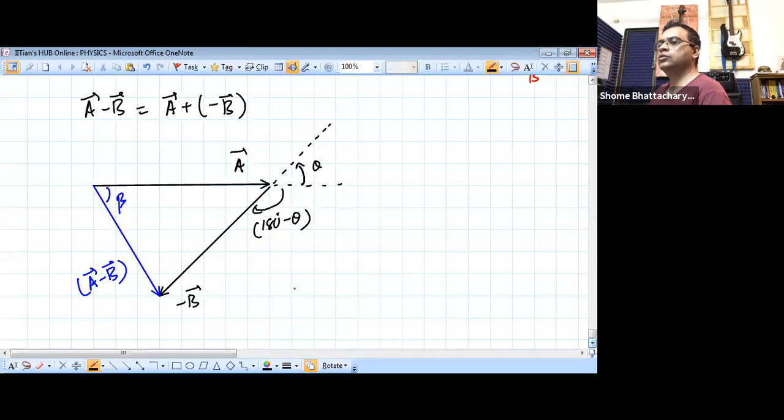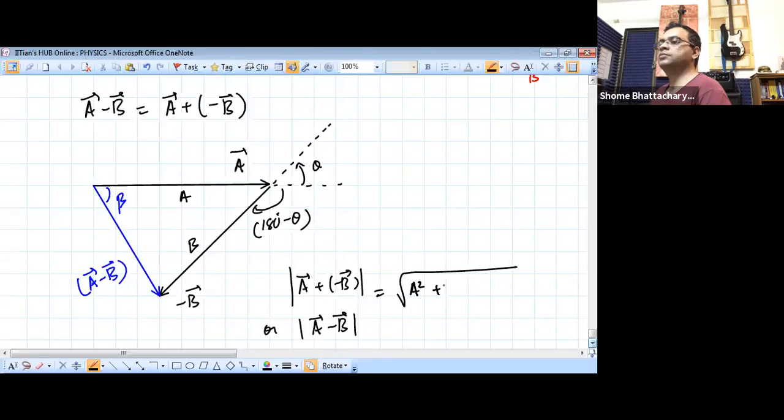Okay. So the magnitude of A plus of minus B, this vector, what will its magnitude be? And that's the same thing as the mod of A minus B. What will this be? It will be the root of this vector's magnitude square plus this vector's magnitude square. So A square plus B square plus 2AB, but into cos of which angle? The angle between these two vectors, which is 180 minus theta.